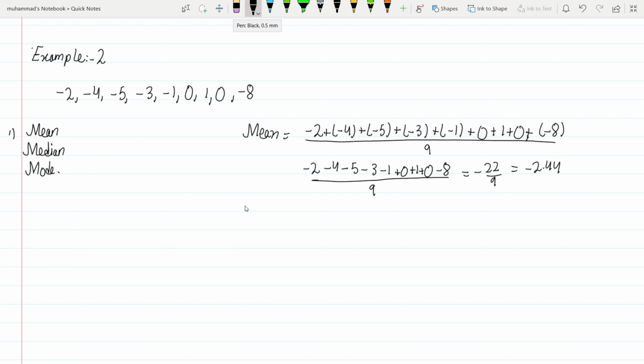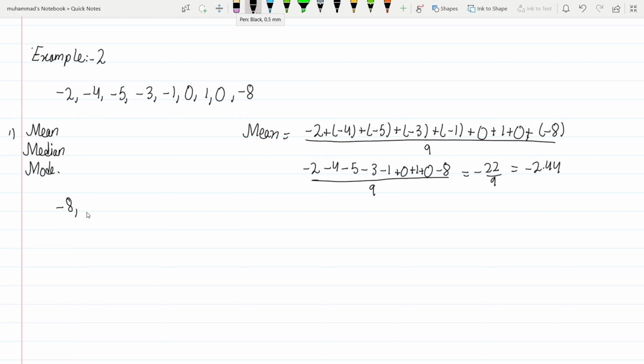Now for the median, you have to arrange the data in ascending order. Ascending order means first you write the smaller value and then move towards the bigger values. So the bigger the negative value, the smaller it is. So -8 is the smallest value.